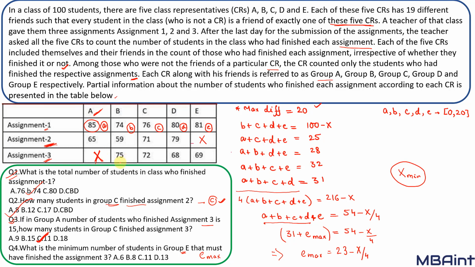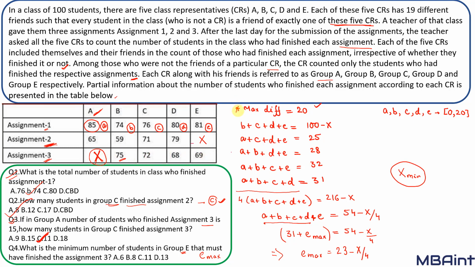Now if we look at the numbers, we know that the maximum difference between the numbers would be 20. So the value of x over here would definitely be greater than or equal to 55, because 75 is the maximum number and the maximum difference between any numbers is 20.